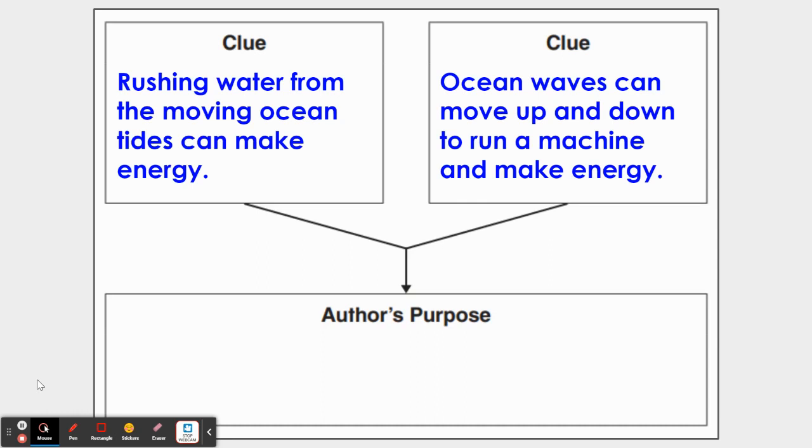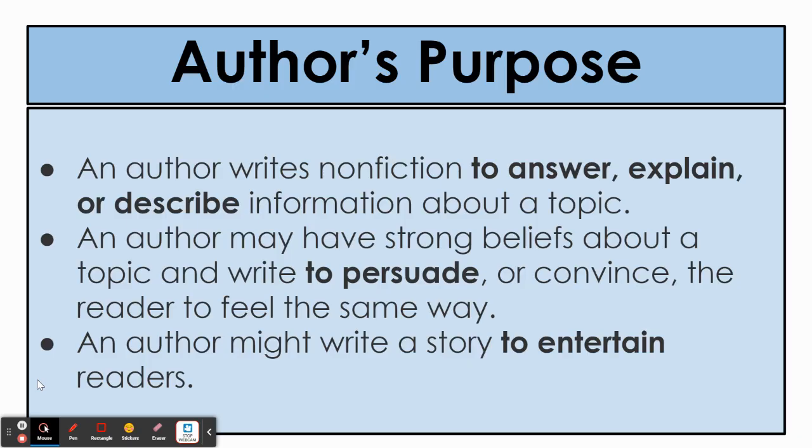Now, what do you suppose the author's purpose was in telling us about how ocean energy is made? What was the author's purpose? Did the author write this to explain or describe information about a topic? Did the author write this to persuade or convince us to feel the same way they did?